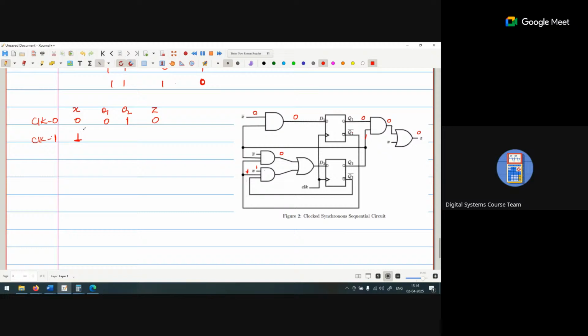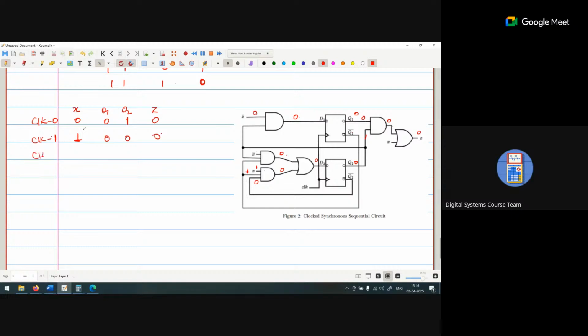And the third one is Q2 bar. Q2 is 1, so Q2 bar is 0. So here we are getting a 0. Now both are 0, we are getting 0 here, we are getting 0 here. So we are getting Q1 is 0, Q2 is 0. If both are 0, Z is again 0.